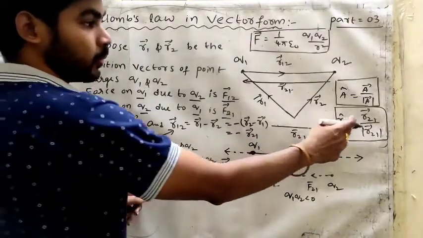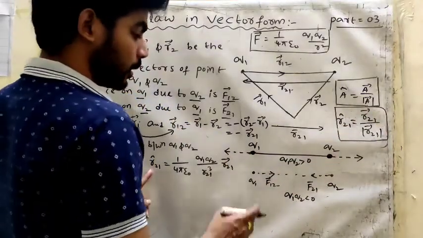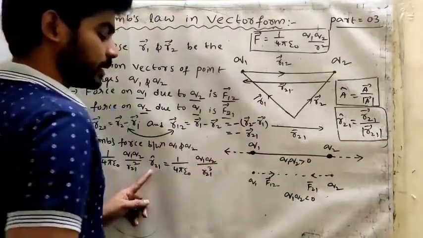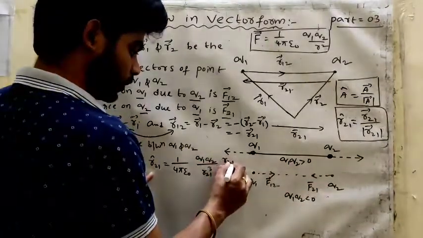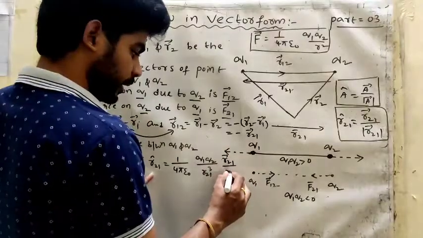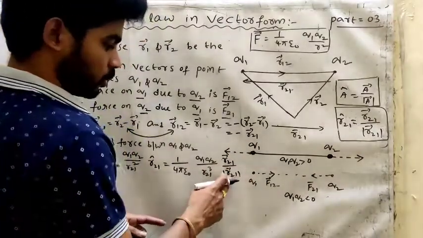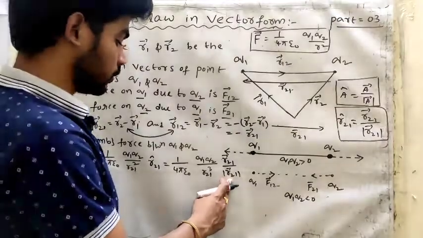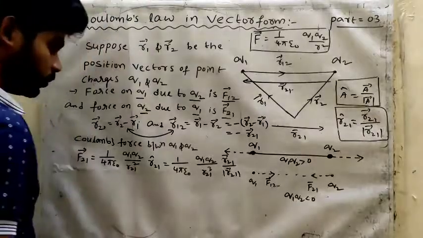r21 cap is equal to r21 bar by magnitude of r21 bar. So magnitude of r21 means r21 only, r21 into r21 whole cube.